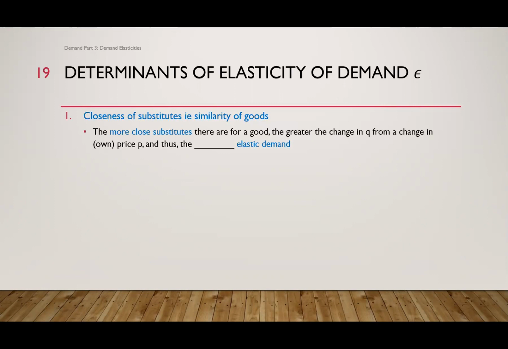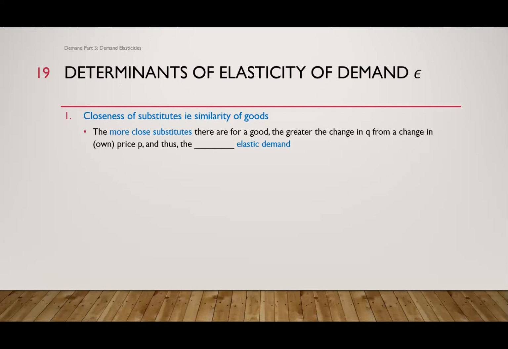What's different is what's going to be in the denominator. The price elasticity of demand has the percentage change in the price in the denominator. So it's how responsive is demand to a change in the price, right? How sensitive is demand? Does it change a lot when the price changes, or only a little bit?